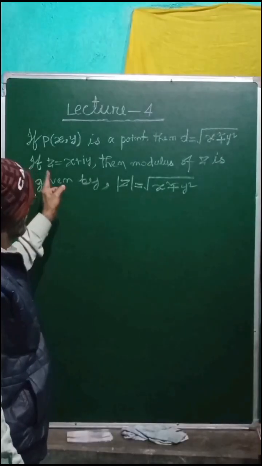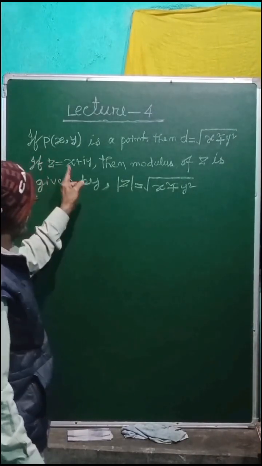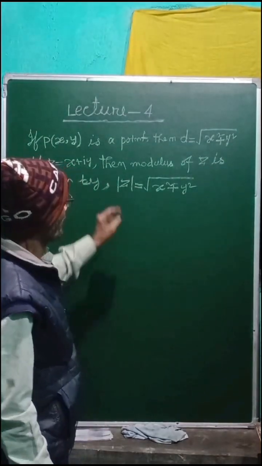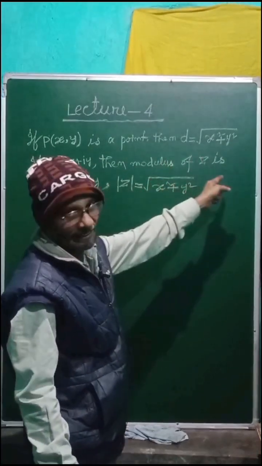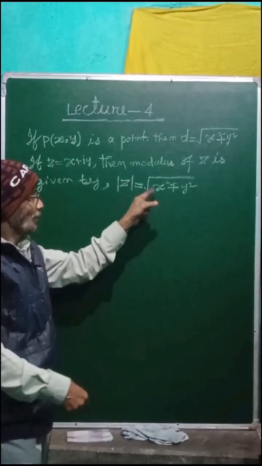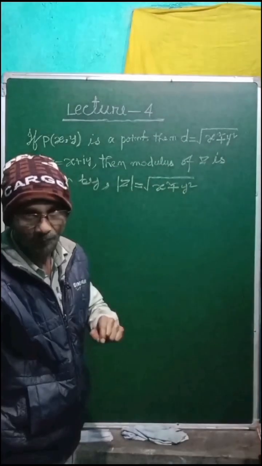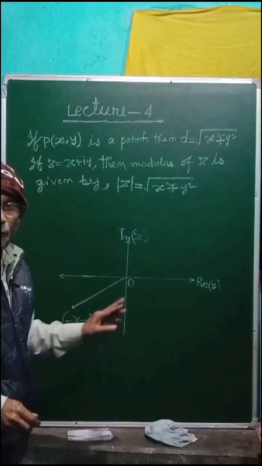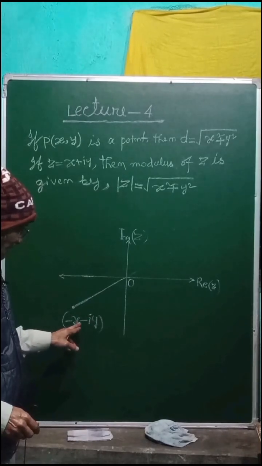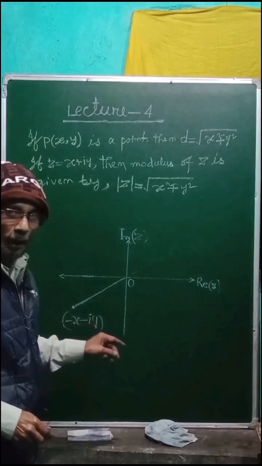Similarly, if z is equal to x plus iota y is a complex number, then the modulus of z is given by modulus z is equal to root over x square plus y square. In the Argand diagram, plot a complex number point, for example minus x minus iota y.